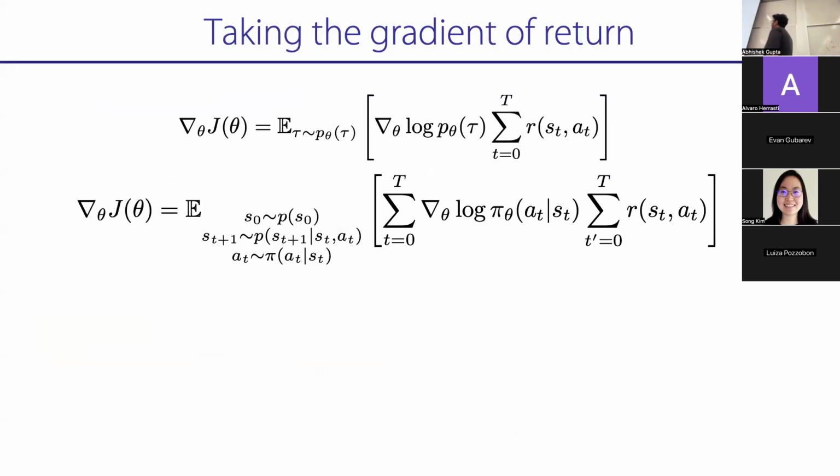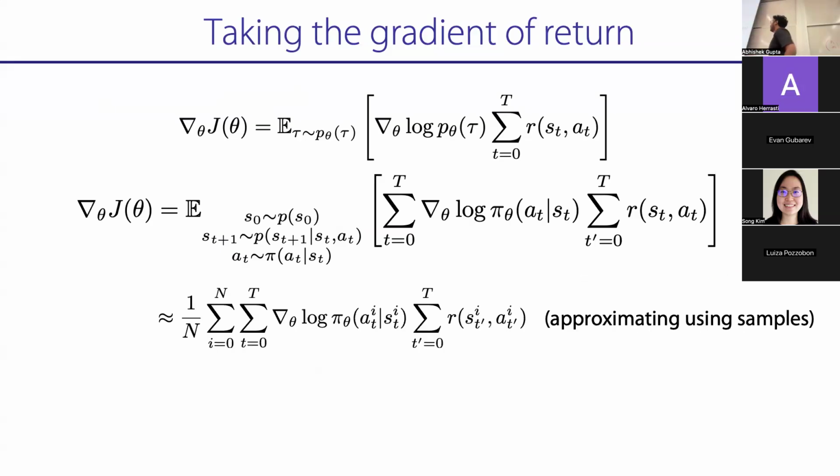So we said that you can write the policy gradient in the trajectory form as grad log p_theta(tau) times r(tau). And when you work out what grad log p_theta(tau) is, it is just a sum over grad log pi_theta(a_t given s_t) over the whole trajectory, times the sum of rewards in the trajectory. So you can work this out with Monte Carlo samples. You can compute a gradient by drawing a bunch of trajectories.